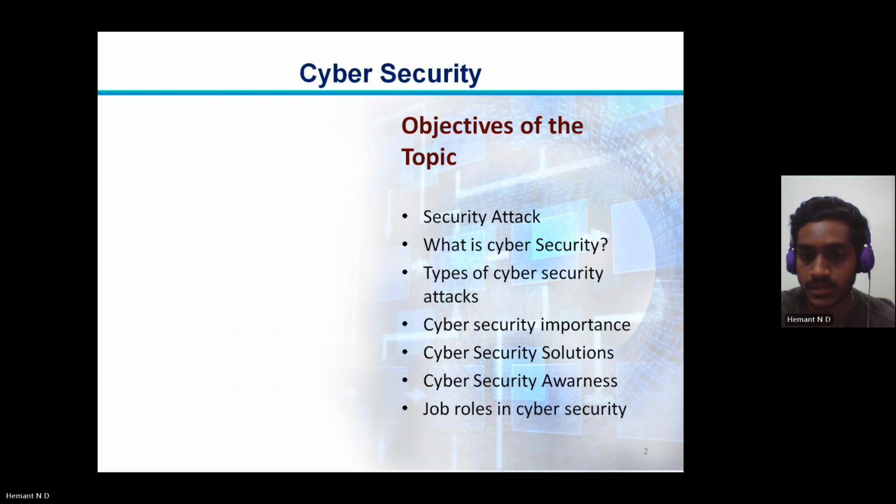Then the importance of cybersecurity and the solutions currently in the world. Then we'll look at how aware a person should be, the cybersecurity topic, and the job roles currently in the system.